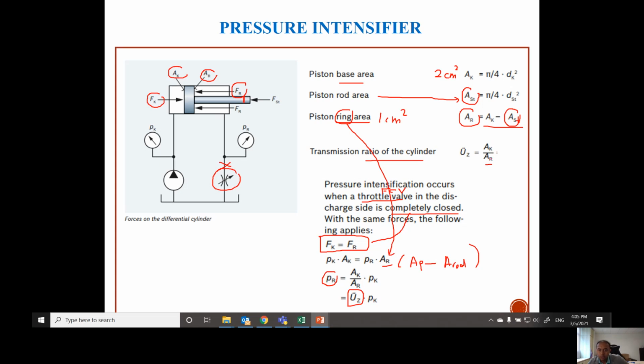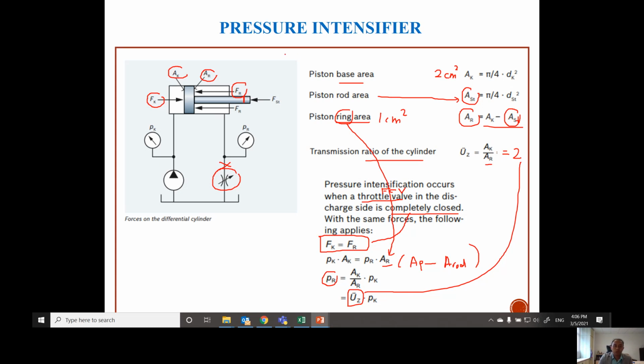Okay, ring area. So in this case, you have the ratio equal to 2 divided by 1 equal to 2. So when you plug this value here, you can see that for whatever value of the pressure during retraction, it will be double when we want to say in terms of the pressure during extension, PK. Okay.